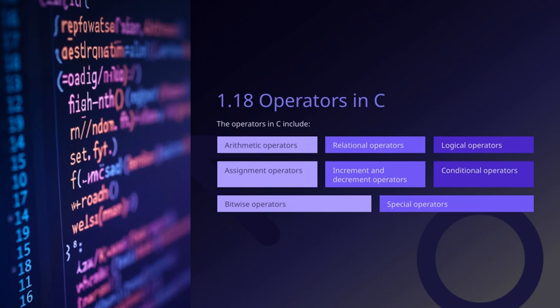Conditional operators, often called ternary operators, allow us to choose between two values based on a condition in a concise way. All these operators play a vital role in making our C programs powerful and flexible, allowing us to manipulate data and control program flow effectively. Understanding these operators is key to mastering C programming and building efficient, effective applications.